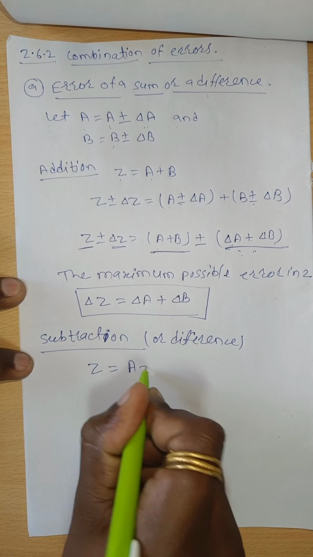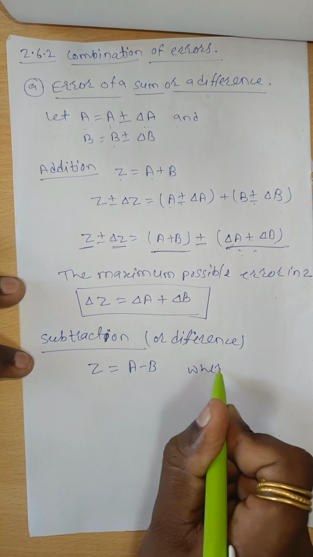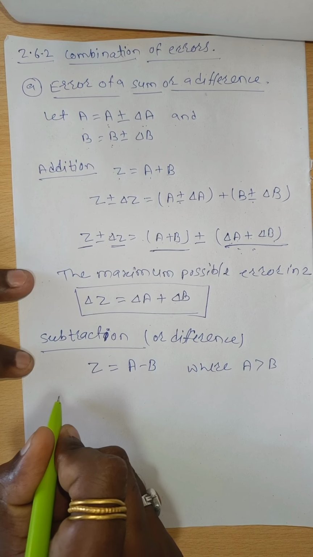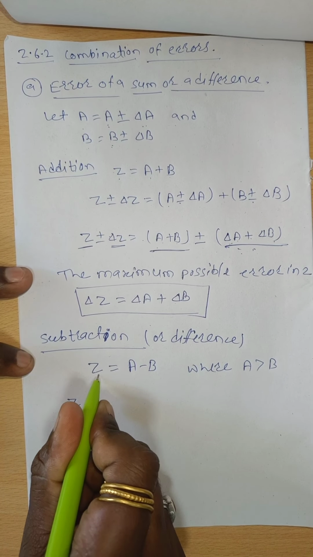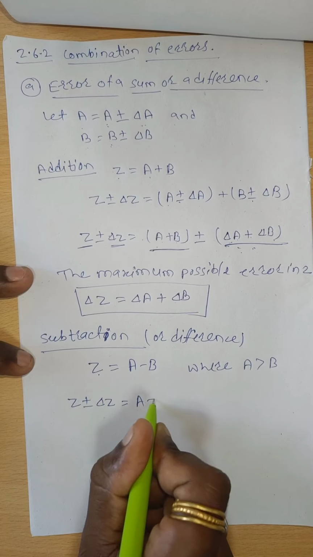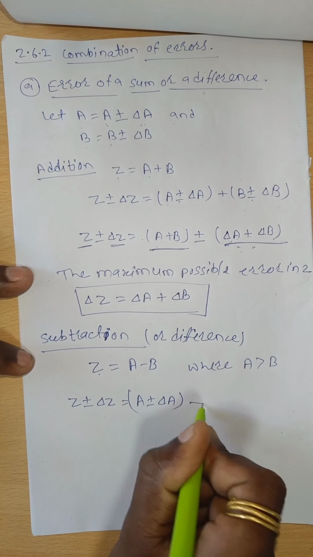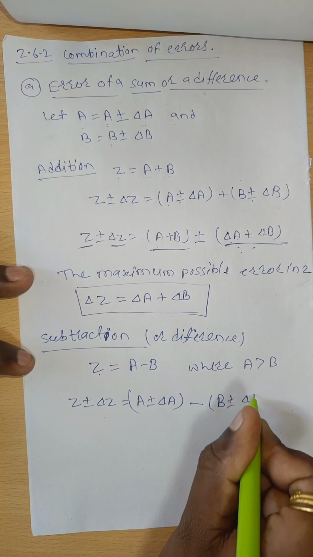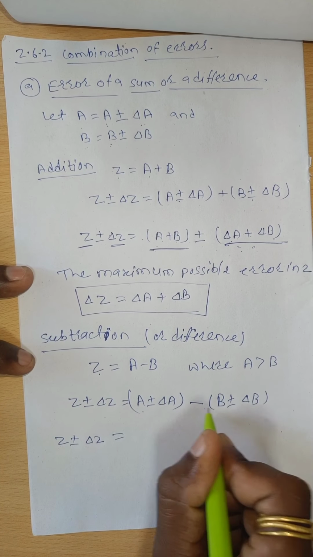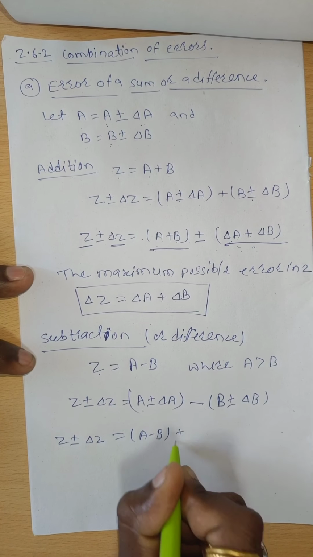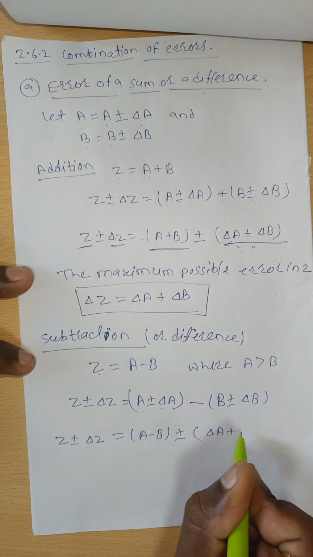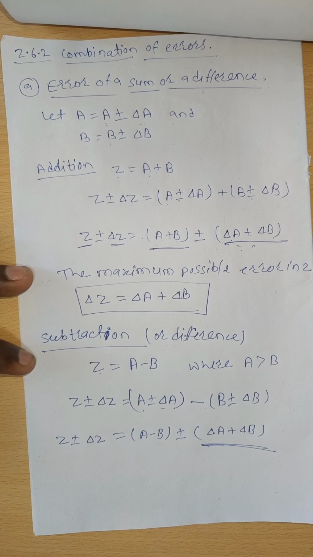Now Z is equal to A minus B, where A is greater than B. Then Z plus or minus delta Z is equal to A plus or minus delta A, minus B plus or minus delta B. Combining, Z plus or minus delta Z is A minus B, and taking the plus or minus common, it is delta A minus delta B, but actually here it is delta A plus delta B. This is the delta Z.